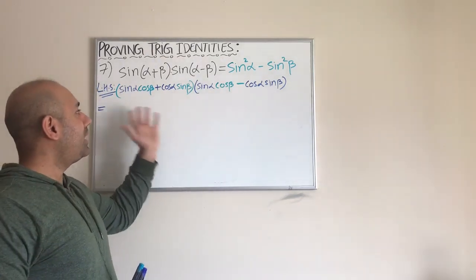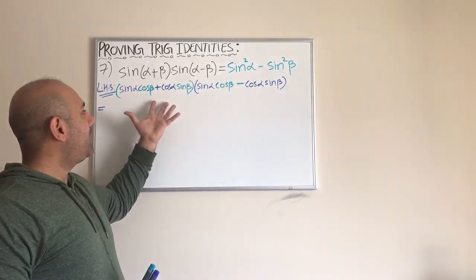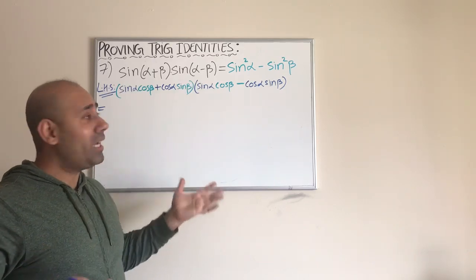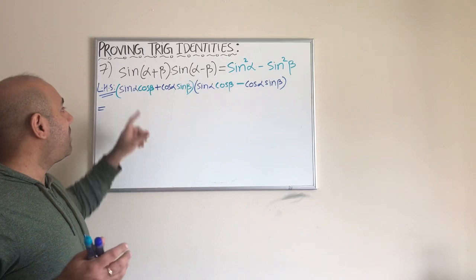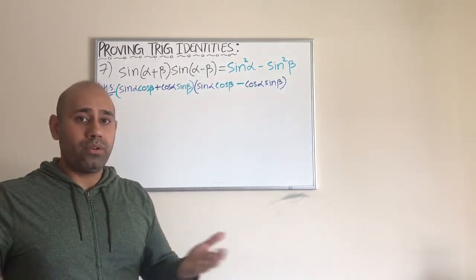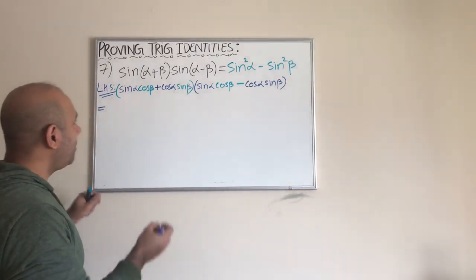First of all, it is a product, and there are so many terms. Our goal is to condense this into two terms. The only way to actually start doing it is by multiplying it out, whether using distribution or FOIL, however you want to do it. Let us distribute things and see what we get.